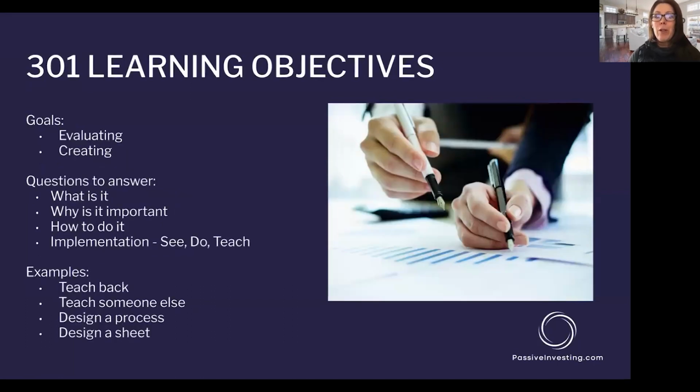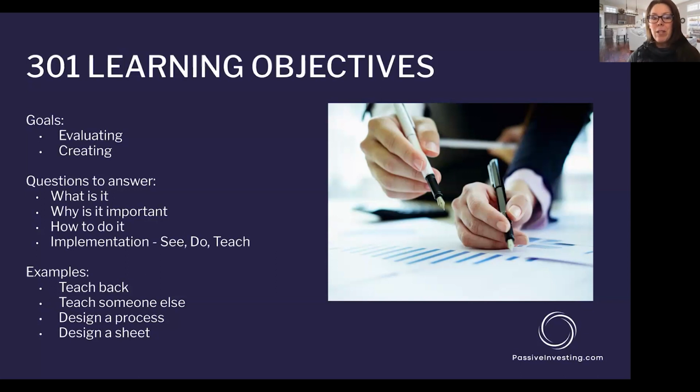And then we get to our 301 level. This is where we want to have all of our investors, because if they're at this 301 level, they are going to be really ready to invest with you. What are we having them do here? The skills that we want them to have here are evaluating and creating. Most limited partner investors are not looking to create a limited partner investment, but maybe create their own and design their own portfolio.